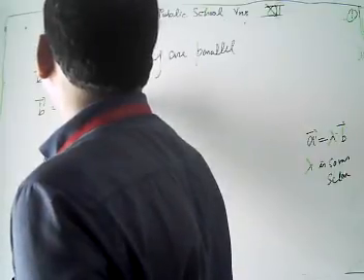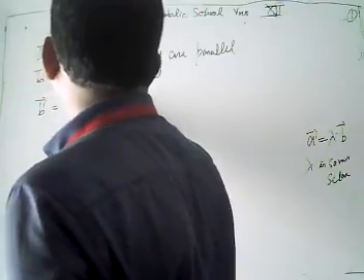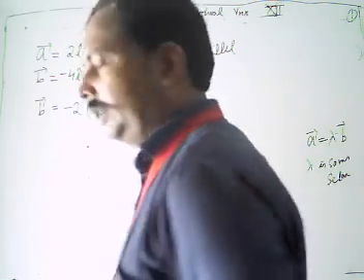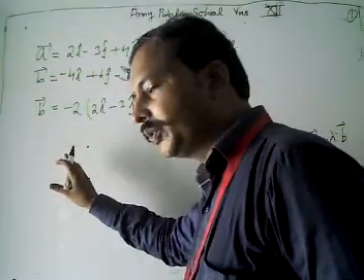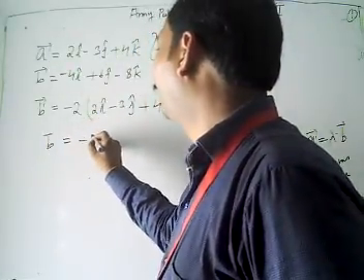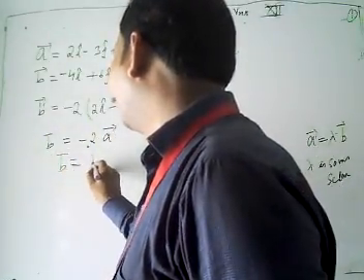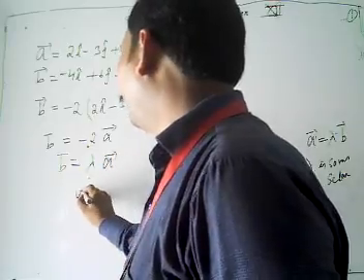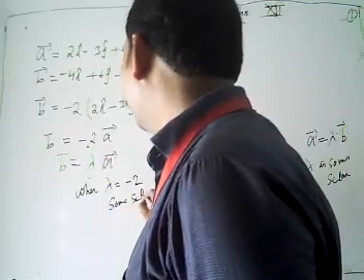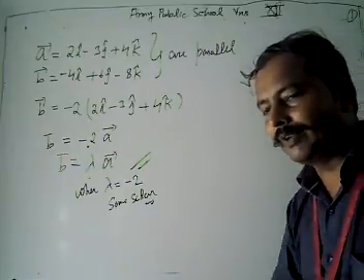Inside the brackets we have 2i cap minus 3j cap plus 4k cap, which is equal to our vector A. So vector B is lambda times vector A, where lambda is equal to minus 2, which is some scalar.